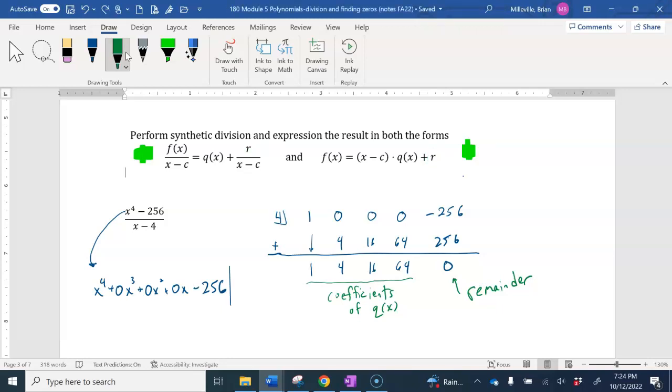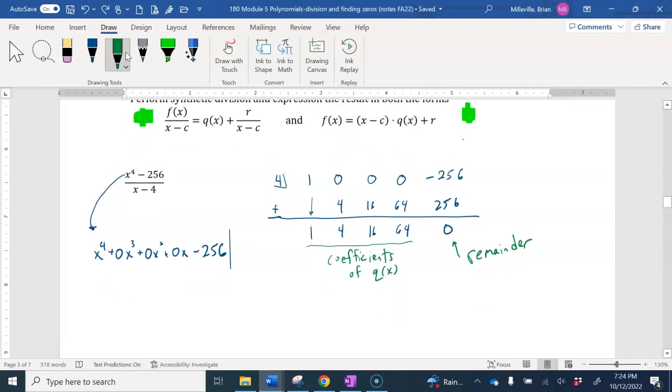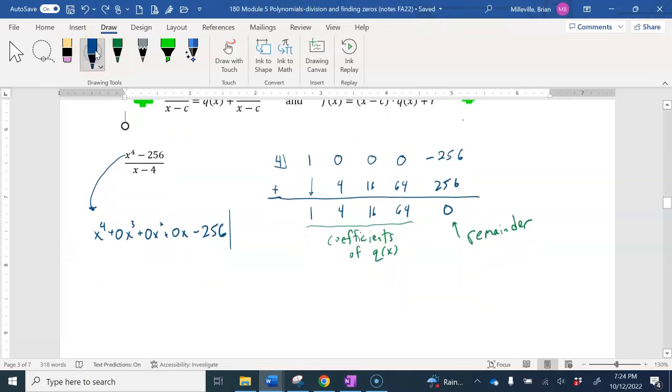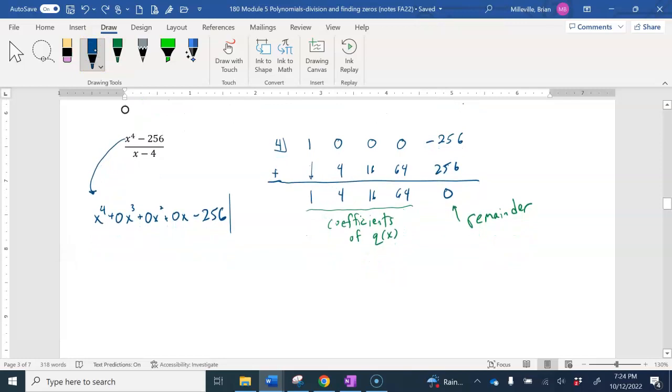Alright, now let's write that out. What does that mean in terms of this? Let's write it in these two different forms before we do some other things with polynomials. So that would say to us that x to the fourth minus 256 divided by x minus 4 would equal our quotient polynomial, and that has 4 terms: a constant term, an x term, a squared term, and then a cubic term.